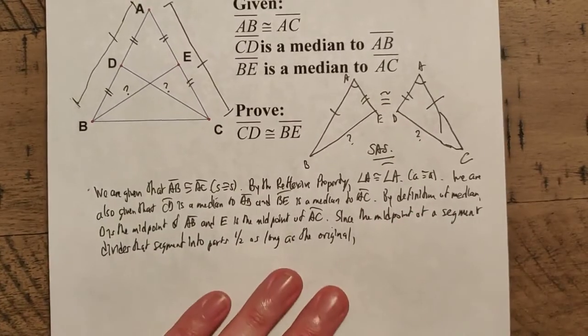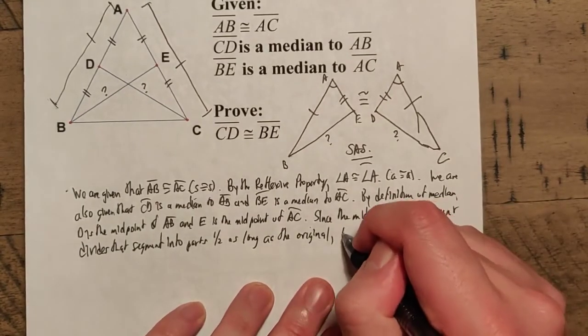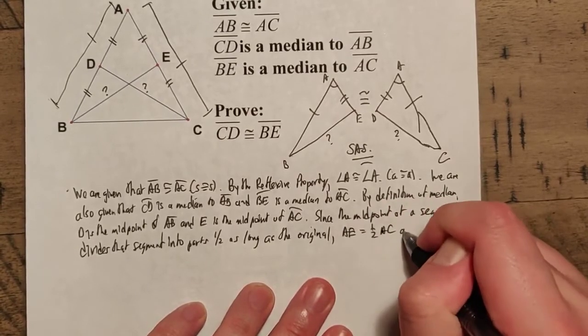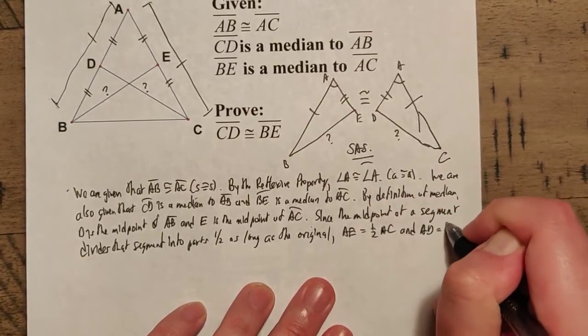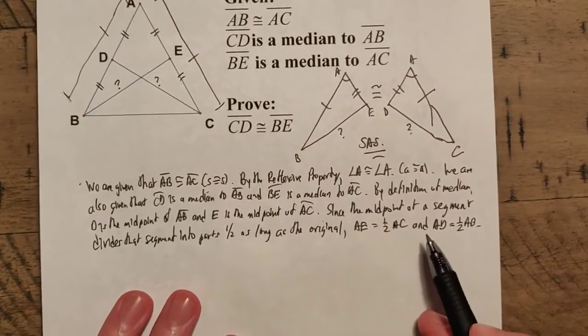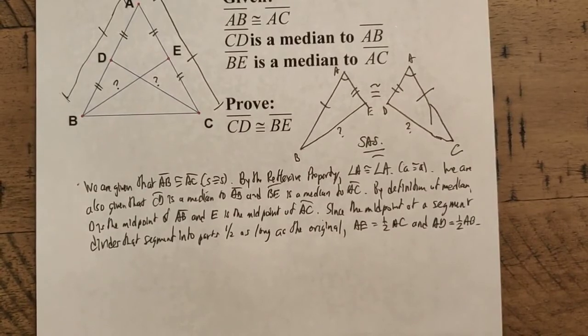So we can just mention that. That's our theorem here. We have AE is 1/2 of AC, and AD is 1/2 of AB. Now note that we've established this fact here. We also have established previously that AE and AD are congruent to one another.